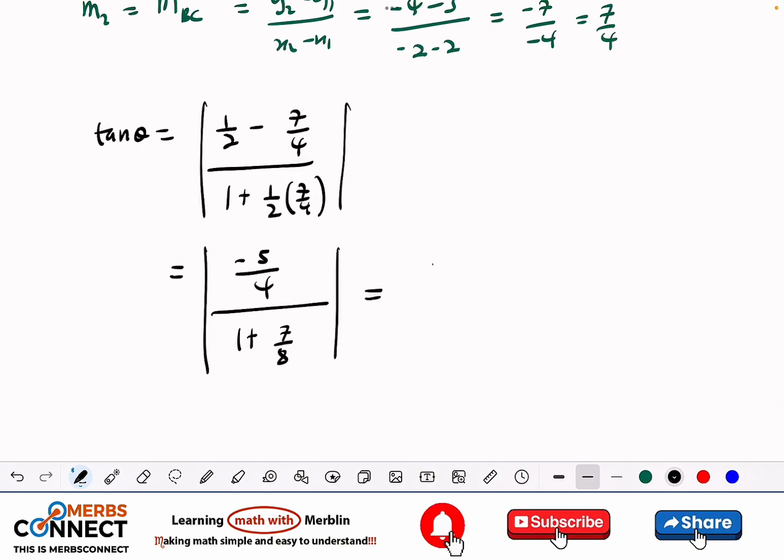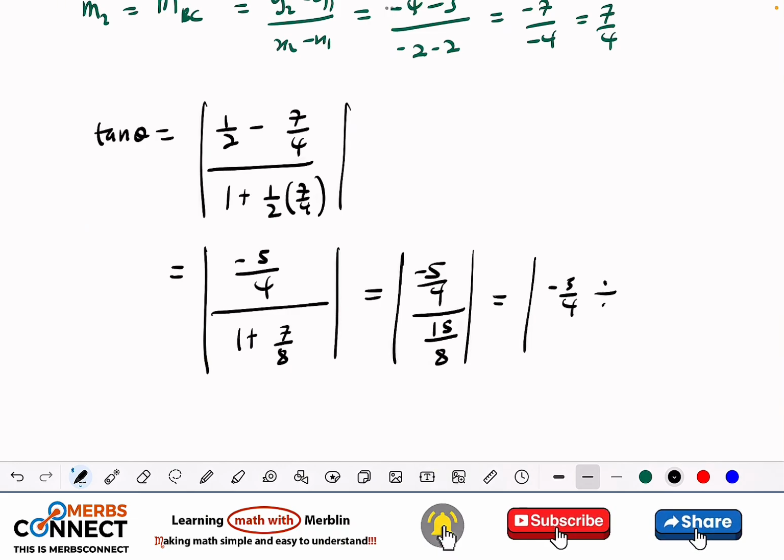So this will be minus 5 over 4 divided by, when I add these, 15 over 8, absolute. Now I can write this as minus 5 over 4 divided by 15 over 8. And this will be minus 5 over 4 times 8 over 15.